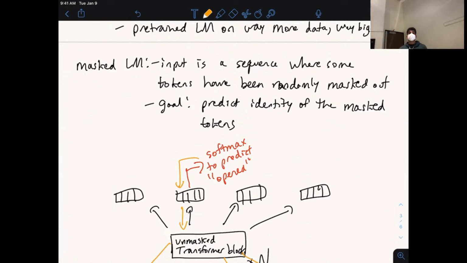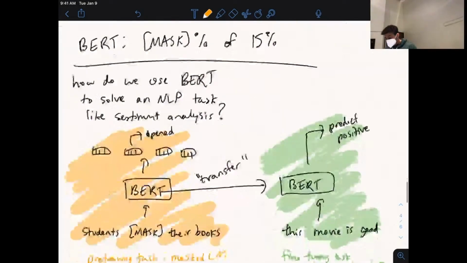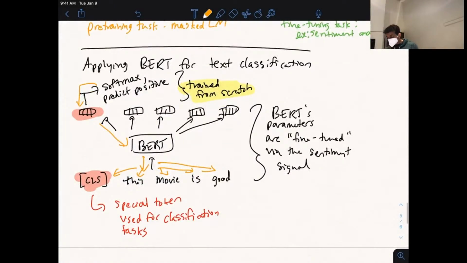It has to predict which one of the word types in my whole vocabulary fits into the mask token. In sentiment analysis, I usually have two classes, positive or negative, and so I don't need that enormous softmax layer. So I basically throw away the softmax layer that was used in pre-training, and replace it with a randomly initialized one that only projects the representation into 2 dimensions, so that I can then use it for sentiment. Other questions?